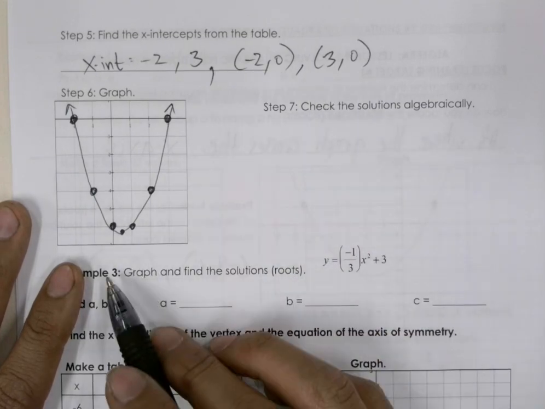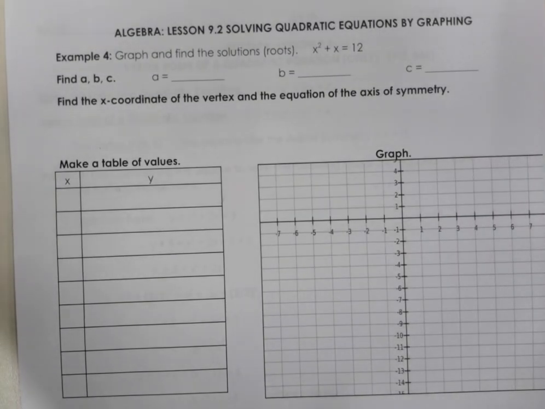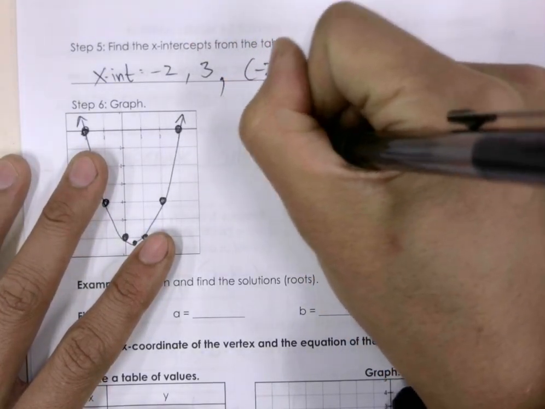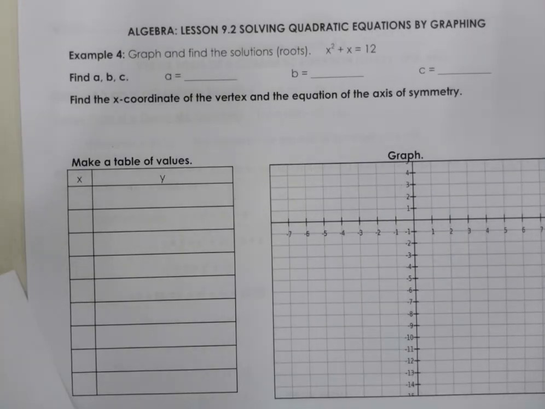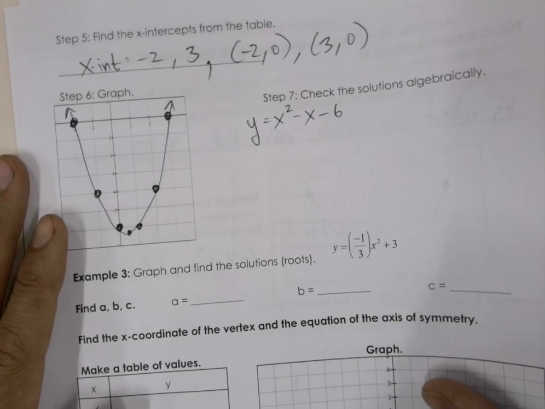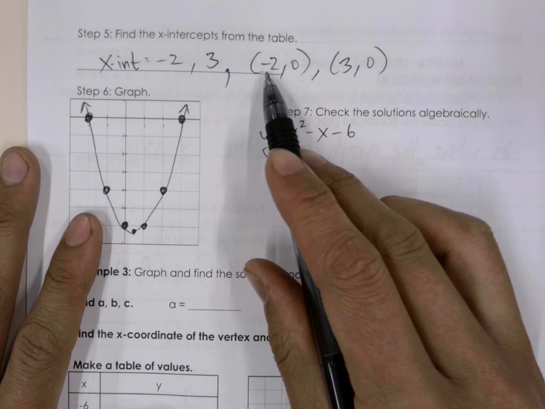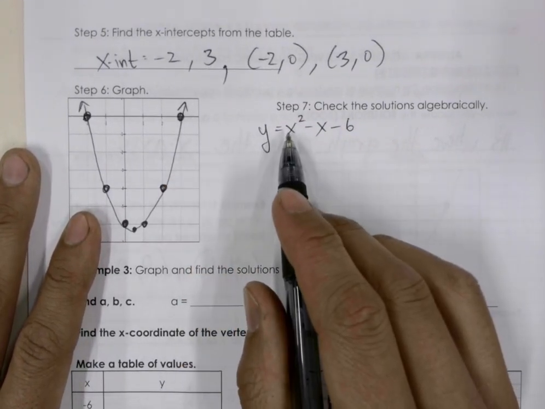Now we want to verify our answers algebraically. And we do that by taking our equation, which is y is equal to x squared minus x minus 6. Yes, that's right. And we are going to use x values of -2 and 3, right? -2 and 3.